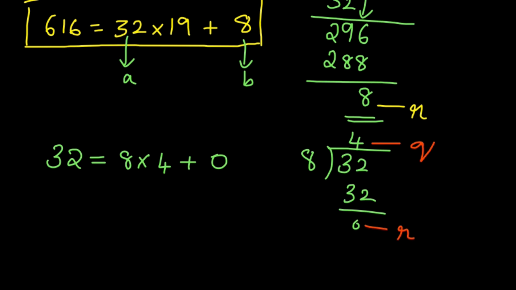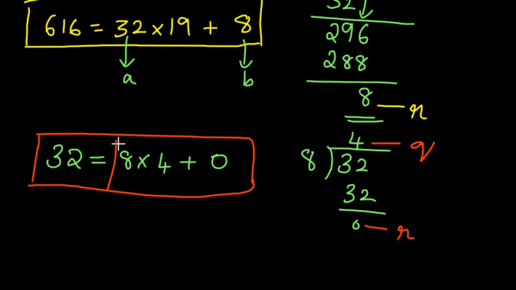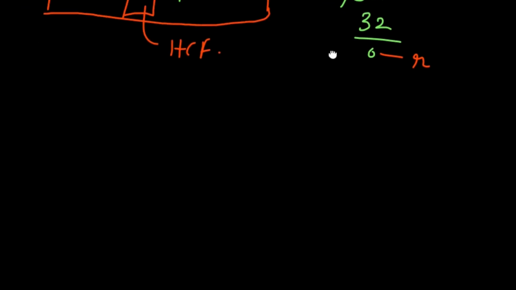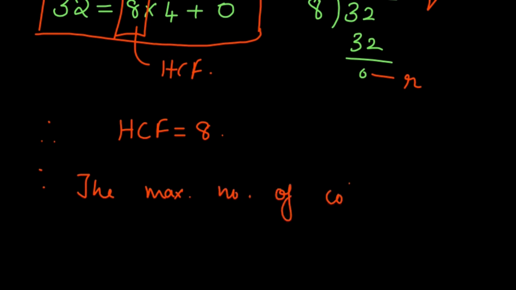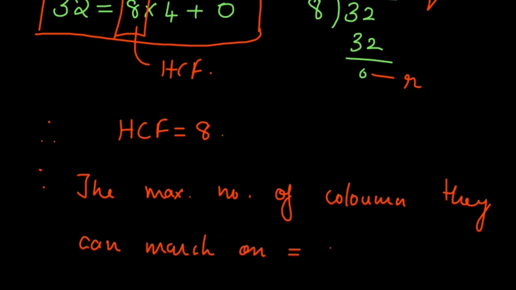So the HCF will be this number. Therefore, HCF equals 8. Therefore, the maximum number of columns they can march on equals 8.